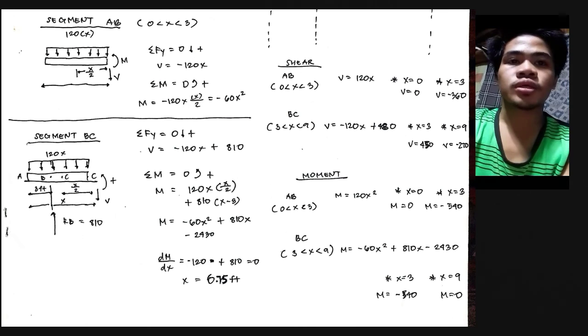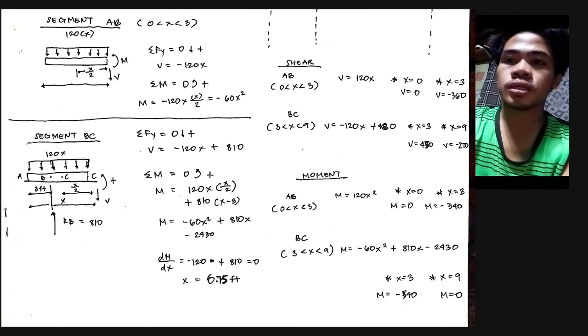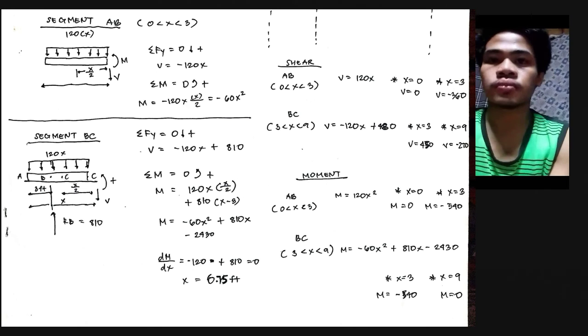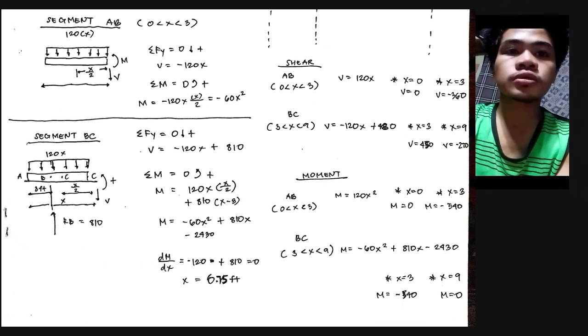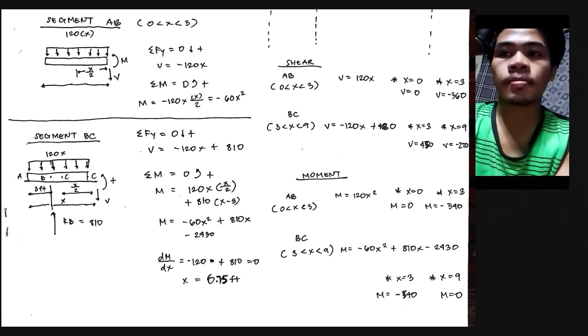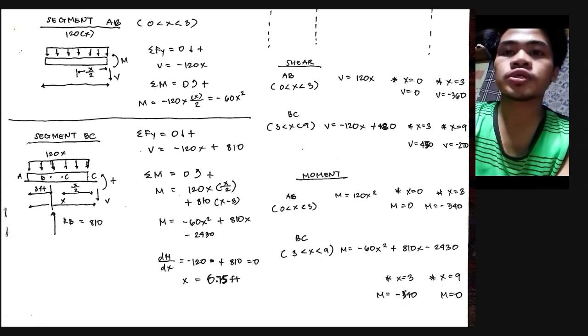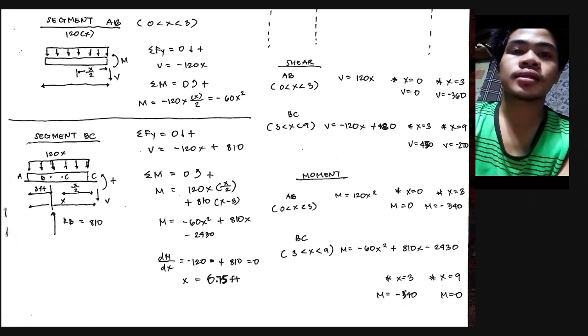Getting the shear force and the moment, we set the vertical forces to 0, downwards positive, in order to get the shear force, and that gives us an equation of negative 120x plus 810.